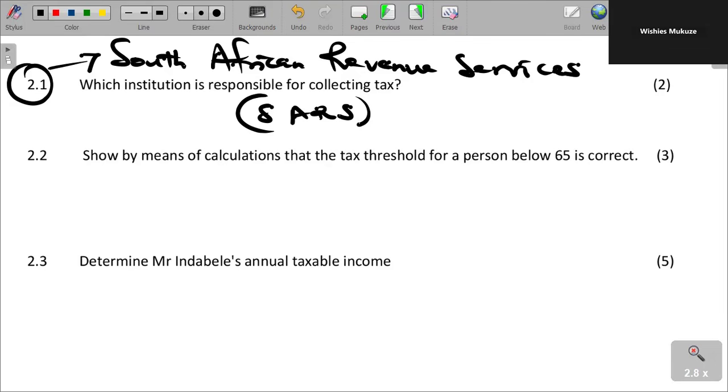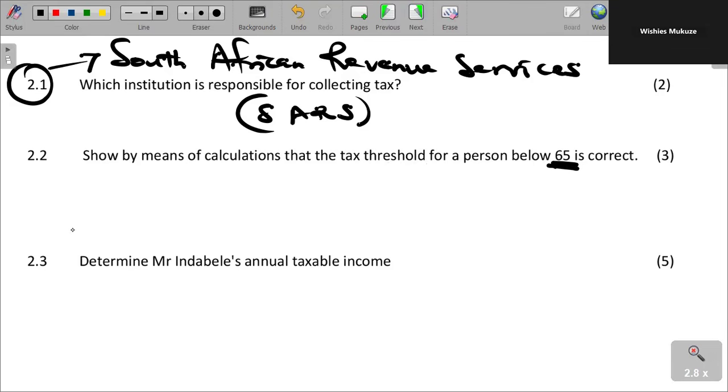It ensures tax compliance, avoids tax evasion and follows up on all forms of tax avoidance cases, and implements policies that ensure people remain loyal in paying taxes. Then show by means of calculation that the tax threshold for a person below 65 is correct.